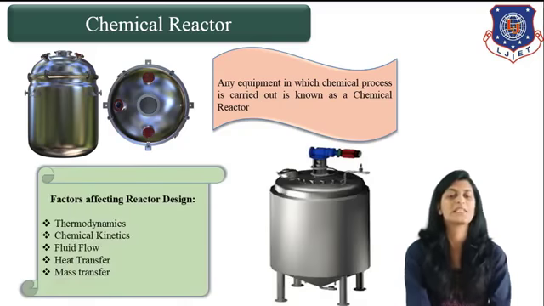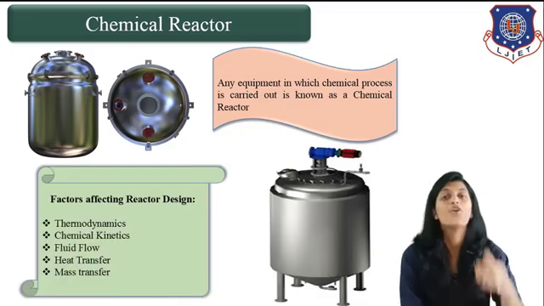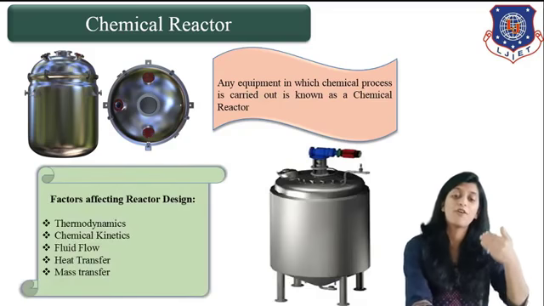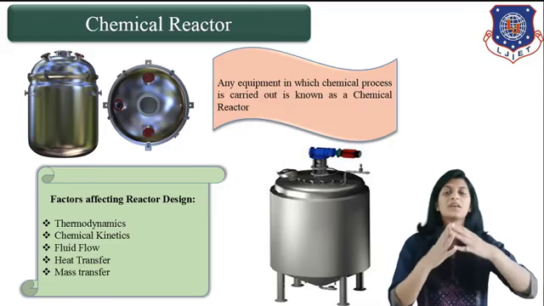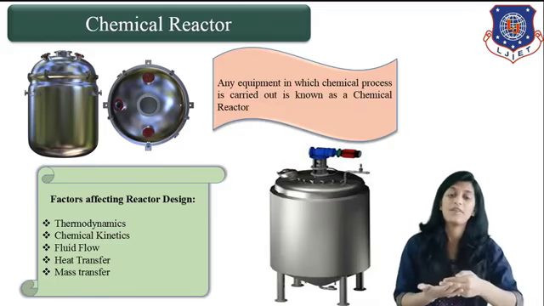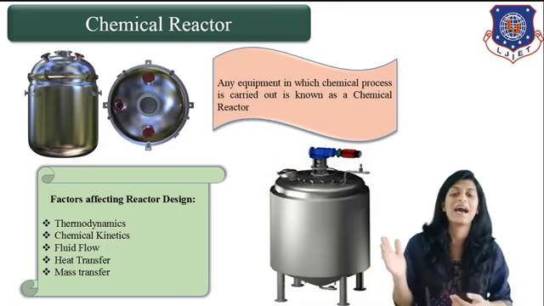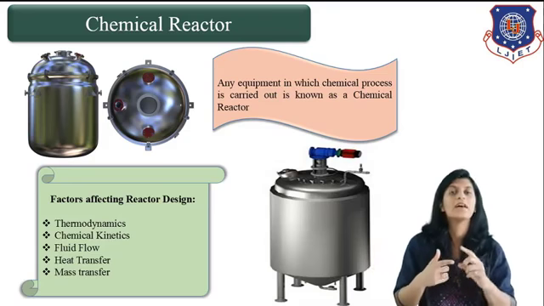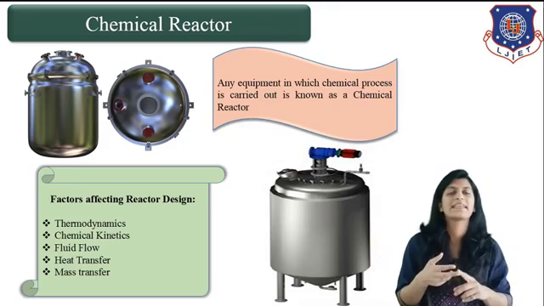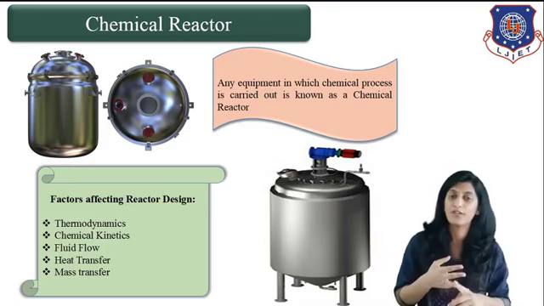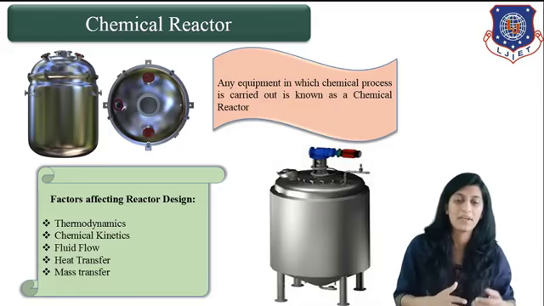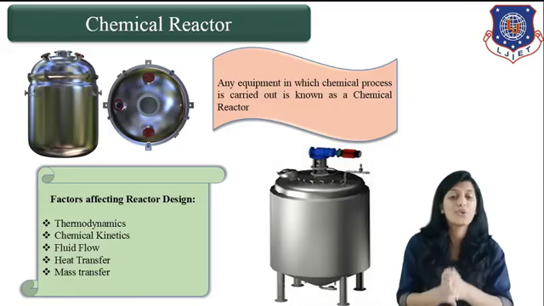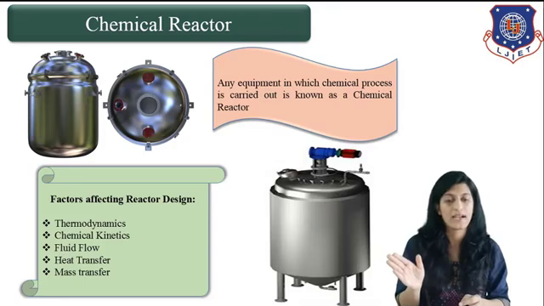Now, as you can see here, what are the various factors which can affect the designing of a reactor? Those factors which can affect the reactor design are enlisted here. They are thermodynamic properties, chemical kinetics, fluid flow, heat transfer and mass transfer. These are the various parameters associated with designing of a reactor.